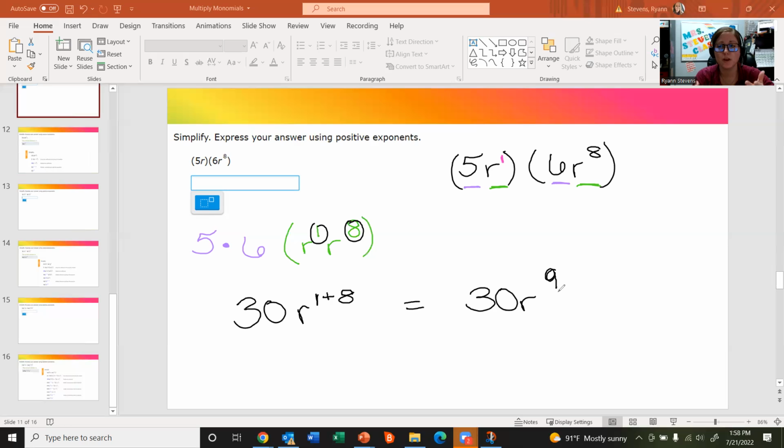So even though we had those parentheses and it was set up a little bit differently than what we've seen in the last couple of examples, we would still solve it the same way, by grouping those coefficients, grouping those variables, multiplying, and then using that product of powers property with exponents to add those exponents together and to get one positive exponent at the end.